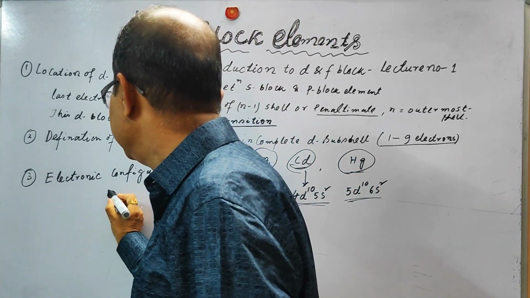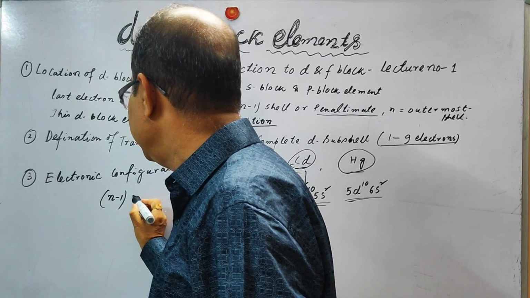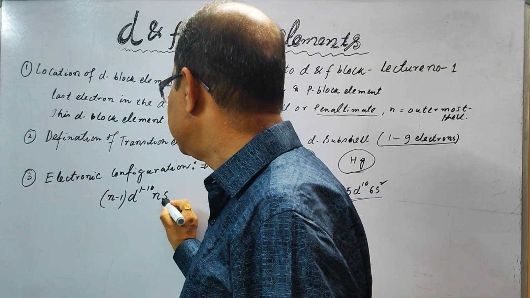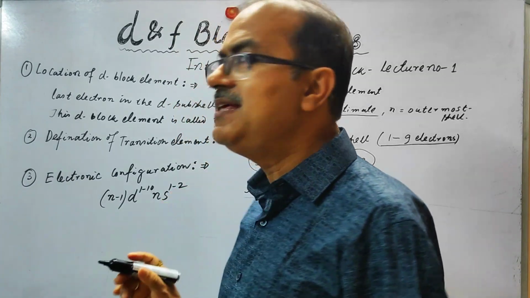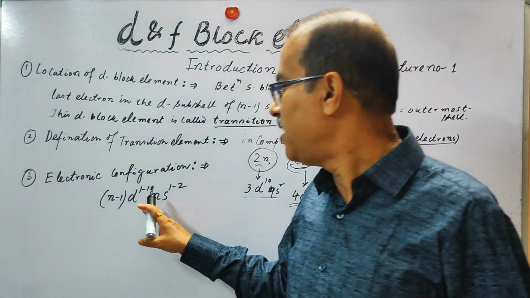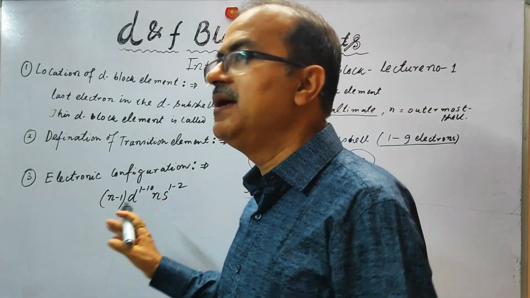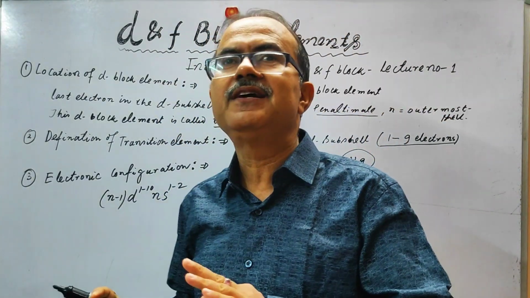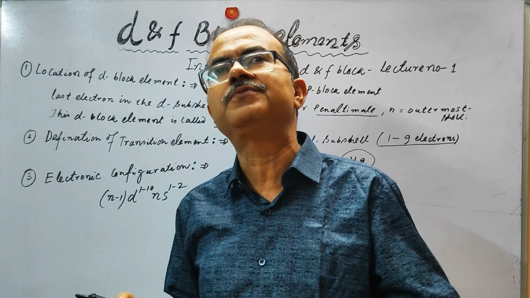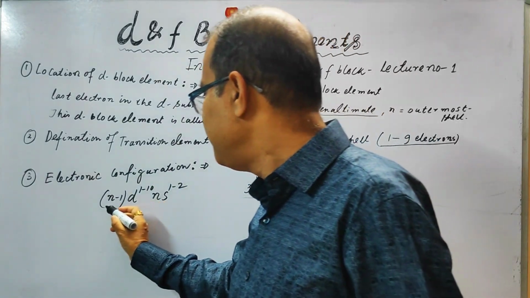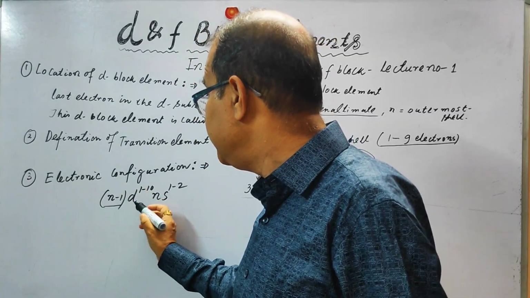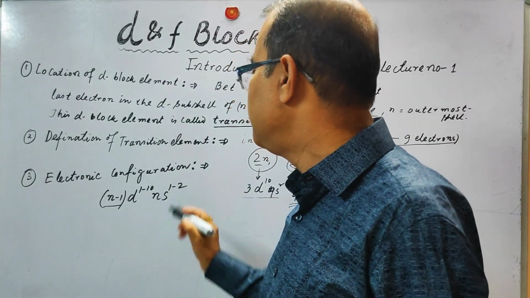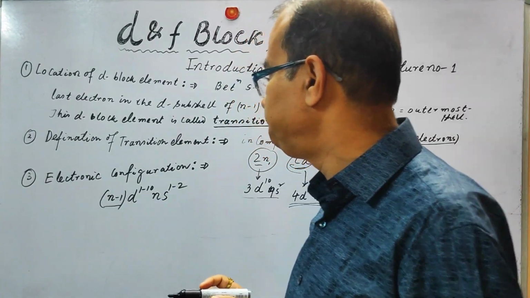The electronic configuration is (n-1)d 1 to 10 ns 1 to 2, where n represents the outermost shell and n-1 is the shell before that. So in the d orbital the electrons will be 1 to 10, whereas in the s orbital the electrons will be 1 to 2.